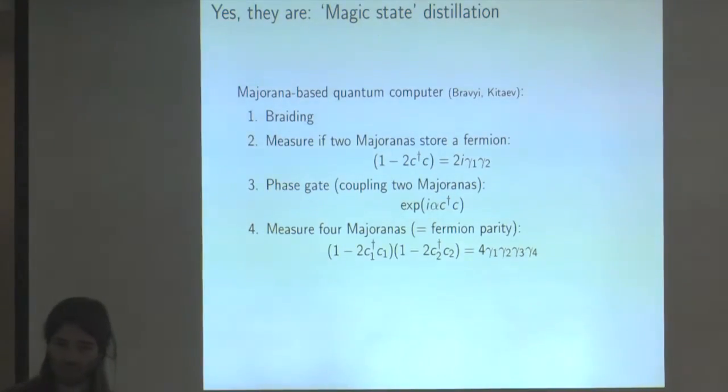And finally, in complete agreement with what I said just before, one needs to measure a joint fermion parity of 4 Majoranas. So one needs to measure this operator. As you can see, it's not bilinear. It's interacting, and that's why this is not only a decent quantum computation scheme, but also a working one. So it is a universal quantum computer.